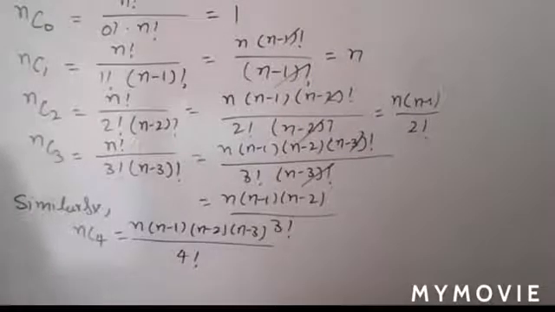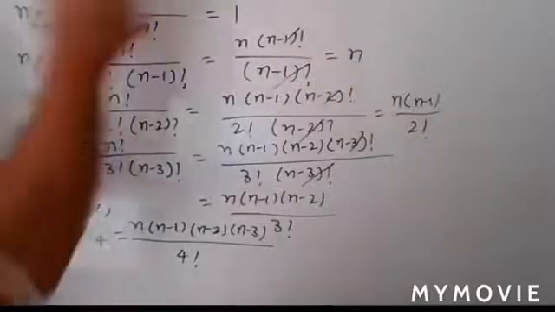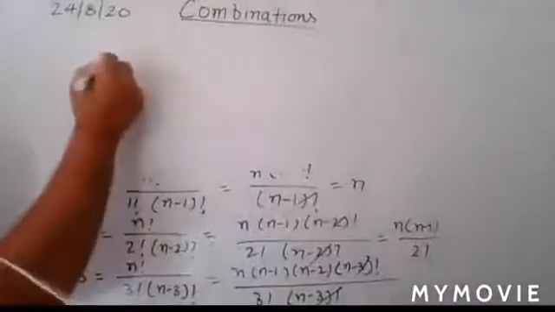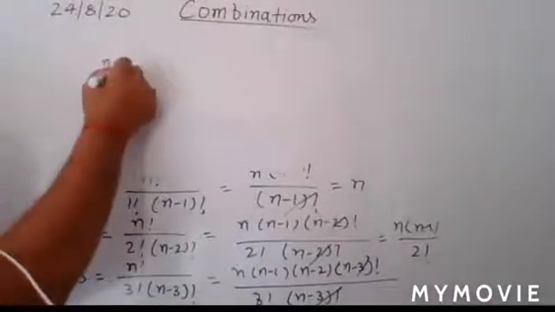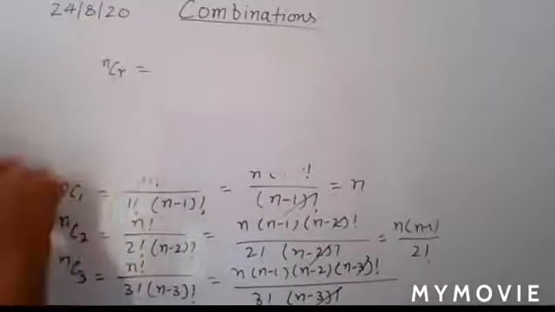If you continue this process up to nCr, you have the other formula for nCr in the same way. How many factors are there? No doubt, r factors are there.